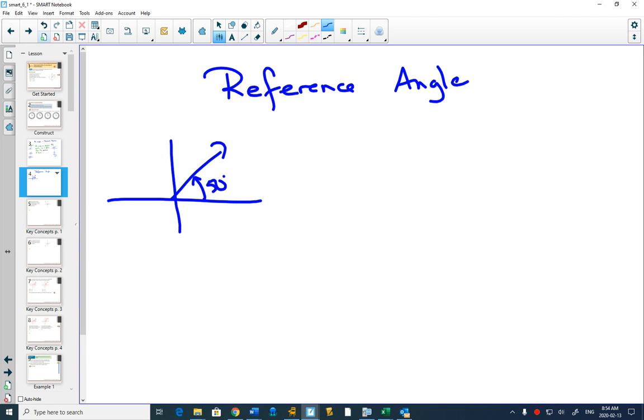So if I gave you 50 degrees, and that was an angle, and we'll often use theta for angles. When we're writing a reference angle for theta, we write a little r beside the theta to represent that's the reference angle. And in this one, the reference angle is 50 degrees.